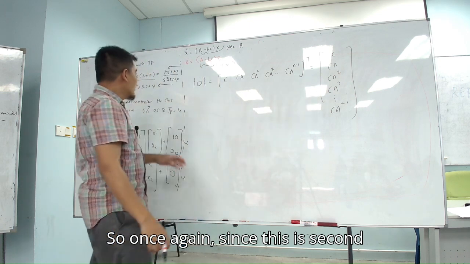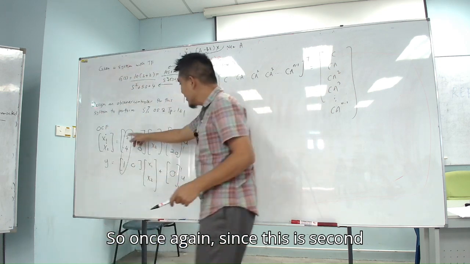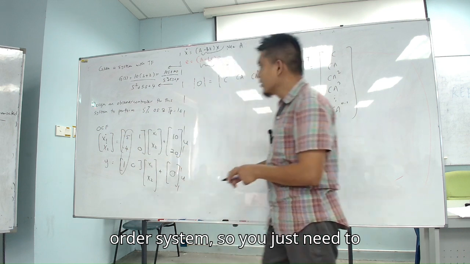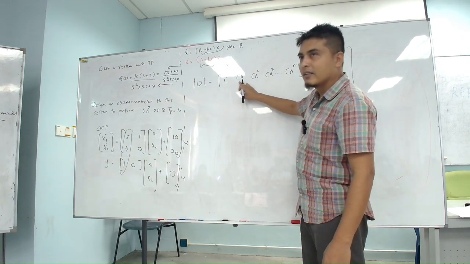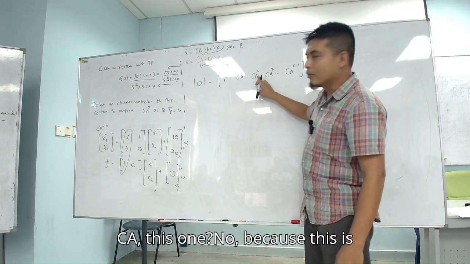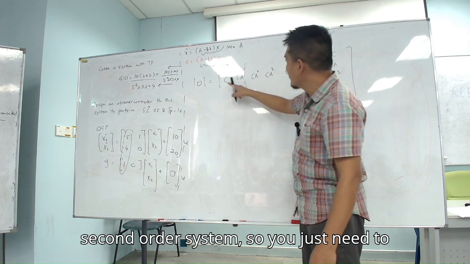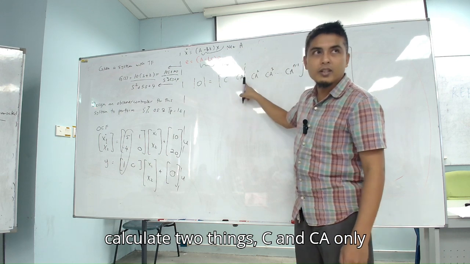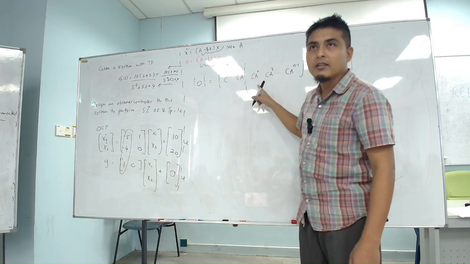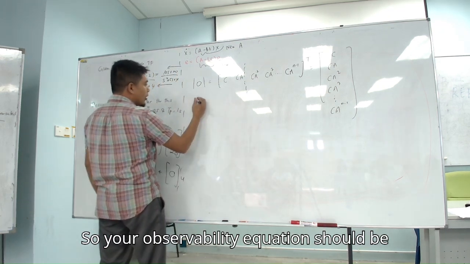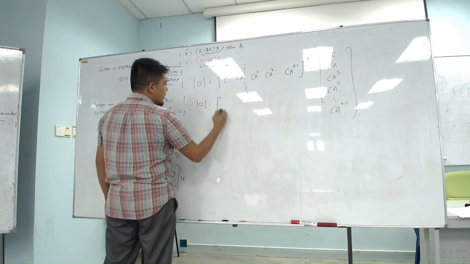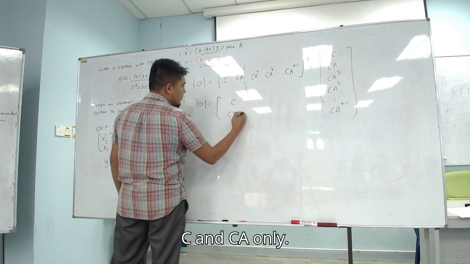Okay. So once again, since this is a second order system, you just need to calculate two things, C and CA only. So your observability equation should be C and CA only.